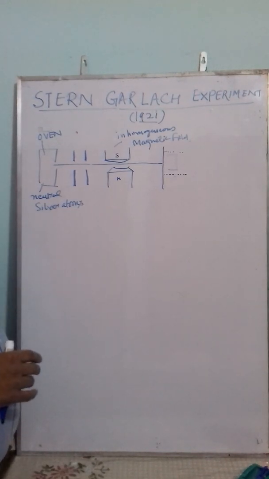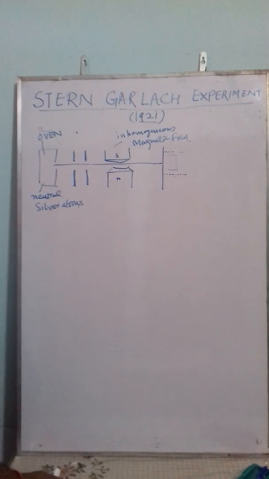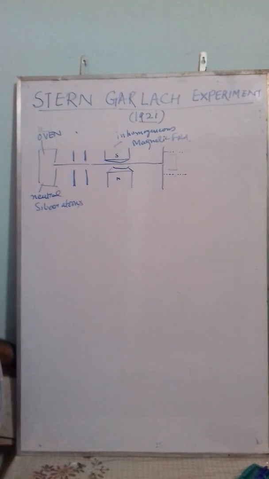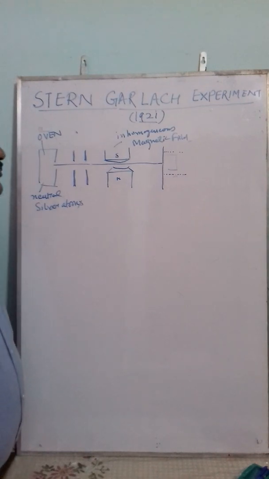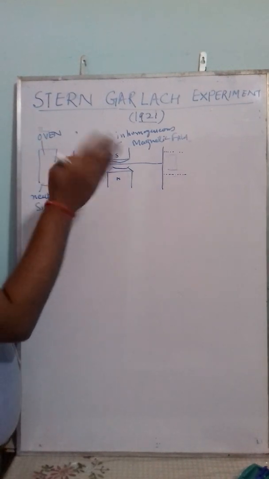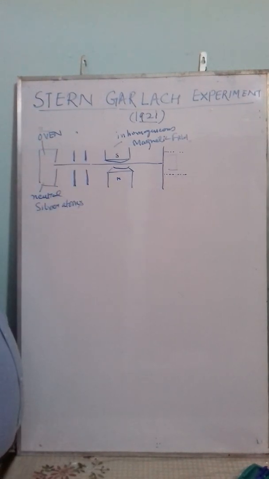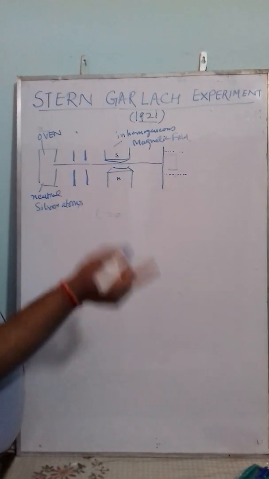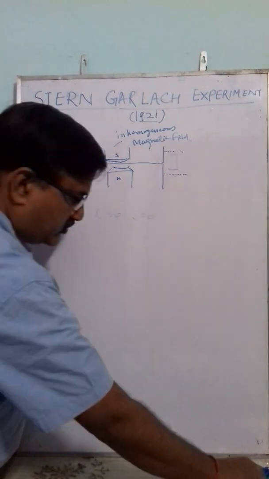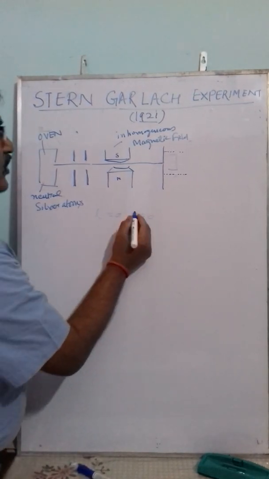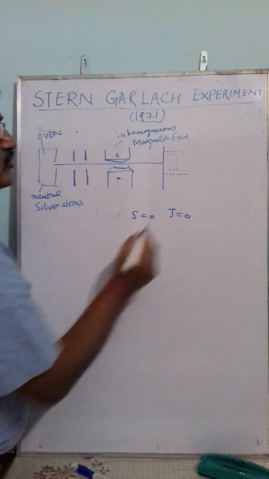For this, Phipps and Taylor in 1927 performed an experiment with different sets of conditions and concluded that if L is equal to 0, and suppose S also came out to be 0, L is 0 and S is also 0, then J equals 0.